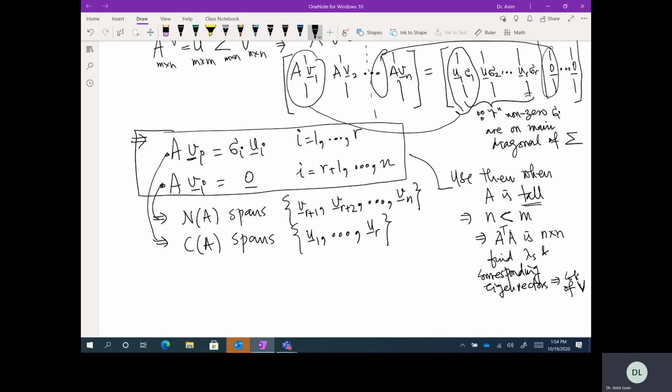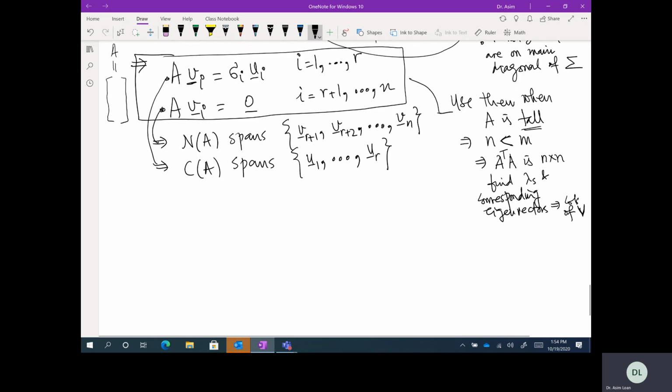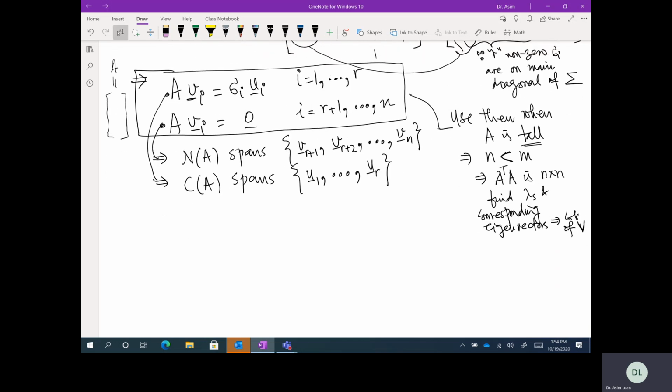So whenever you have a tall matrix like this, whenever A is like this, use this equation. Okay. And what is the other equation? The other equation is also A is equal to U sigma V transpose.